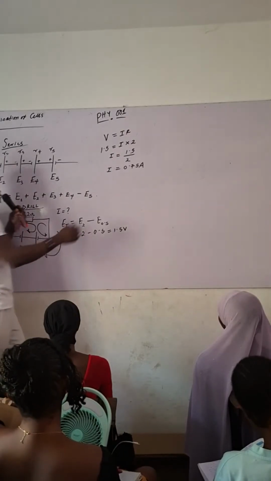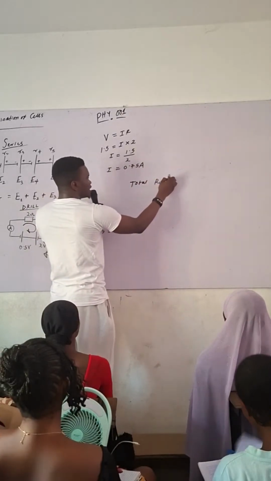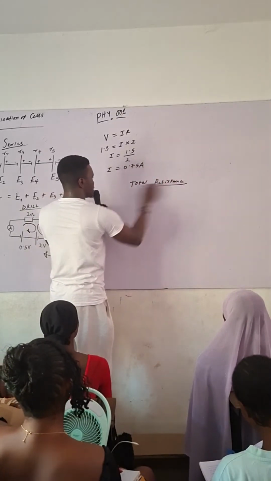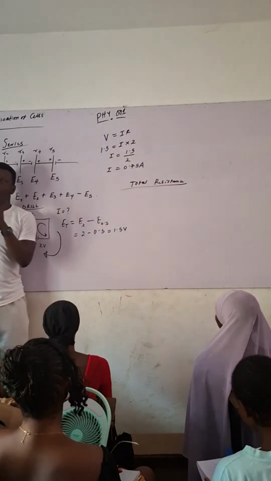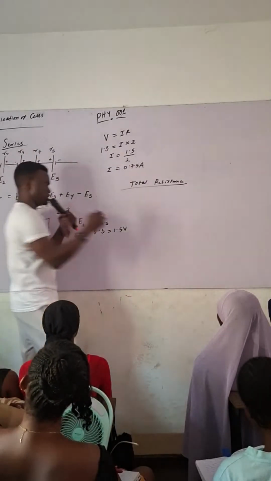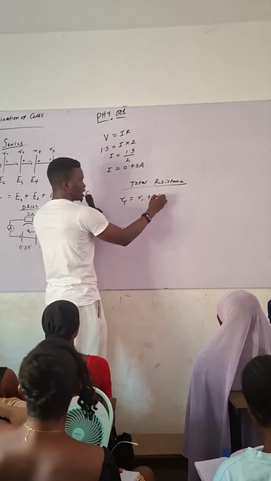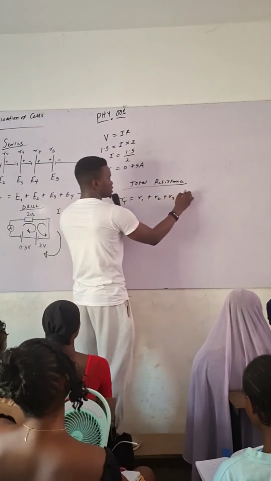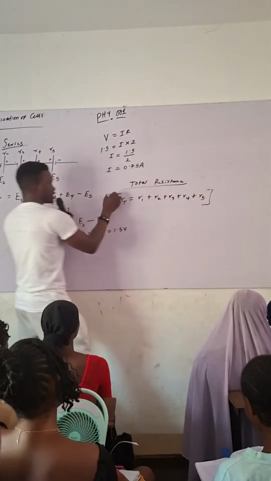So now, to get the total resistance, the resistance here, are they in series or in parallel? Series. And to get resistance in series, what do you do? You add. So that means that the total internal resistance is going to be your R1 plus R2 plus R3 plus R4 plus R5. Resistance is resistance.